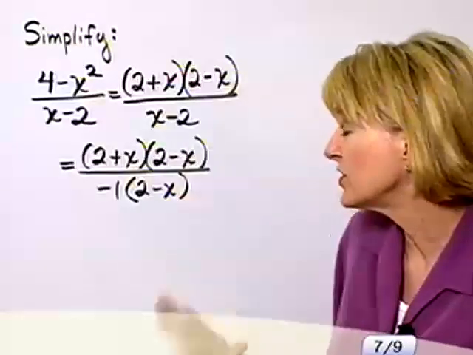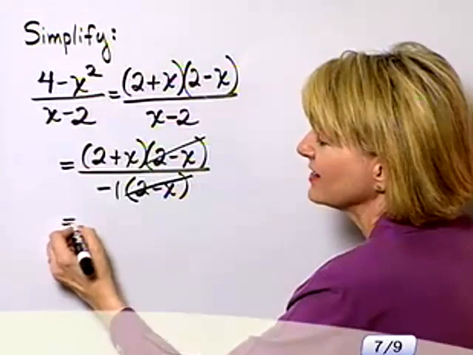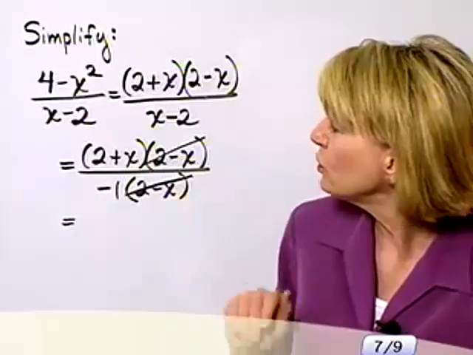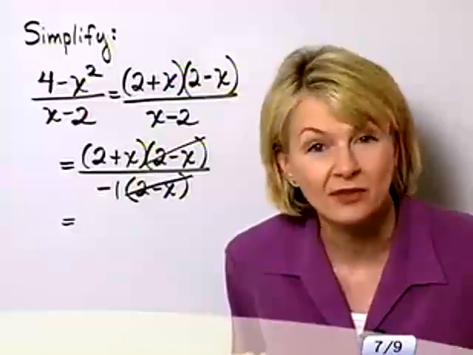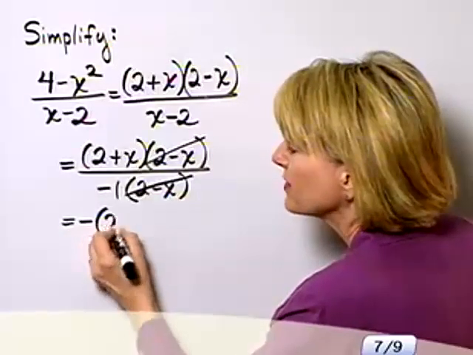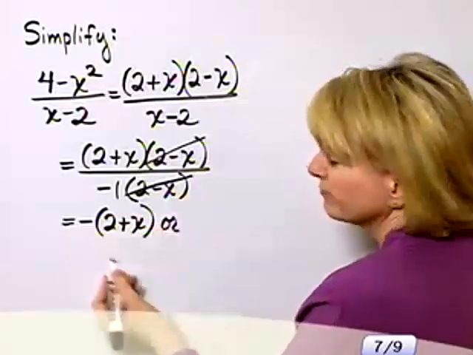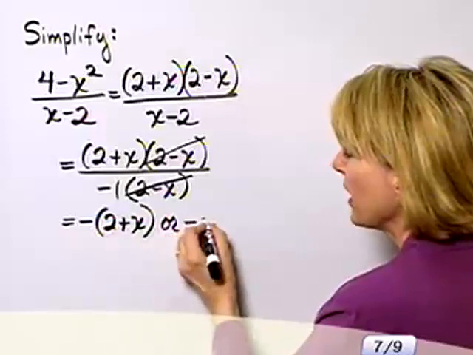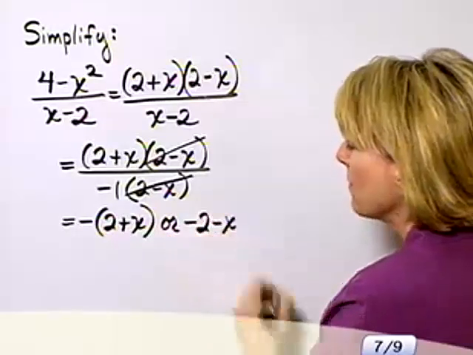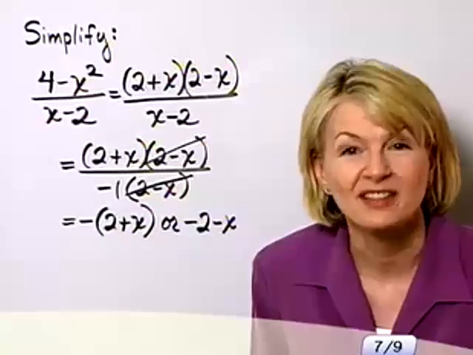So I haven't changed anything, but now these factors are exactly the same, and this is 2 plus x over -1. I can write that as negative parentheses 2 plus x, or I can go ahead and distribute it and write it as -2 minus x. Both of these are okay, and I have simplified.